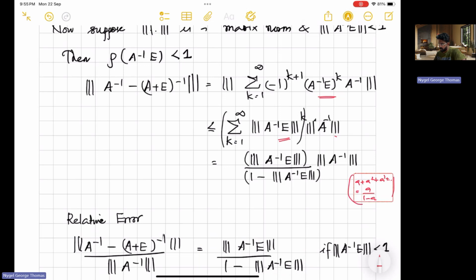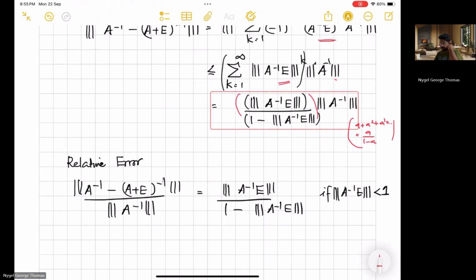You can use this property and substitute the infinite sum by that value. So it will be the norm of A inverse E divided by 1 minus the norm of A inverse E, into the norm of A inverse. This is what you get as the error between A inverse and (A plus E) inverse.